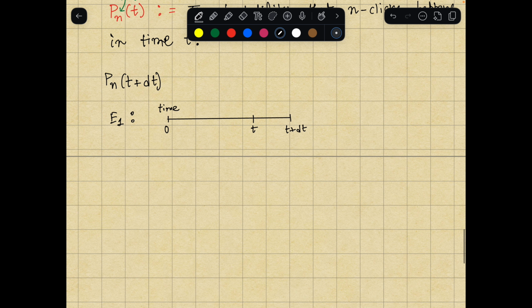As we discussed, one possibility, that is E1, is that n photons arrive in time t, and in this second part no photon arrived.